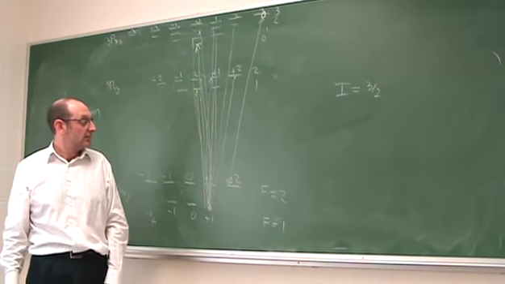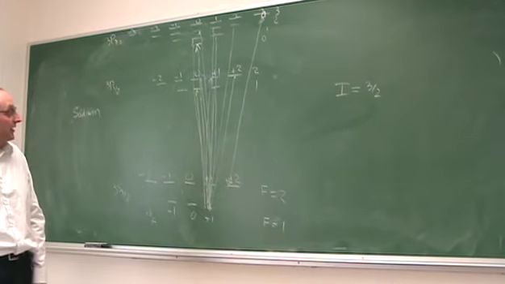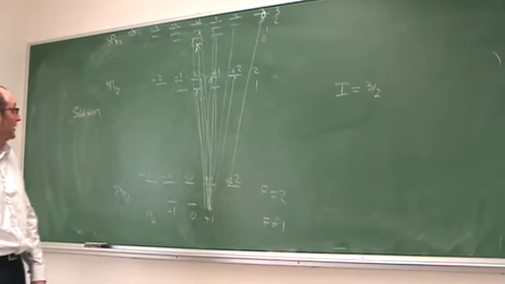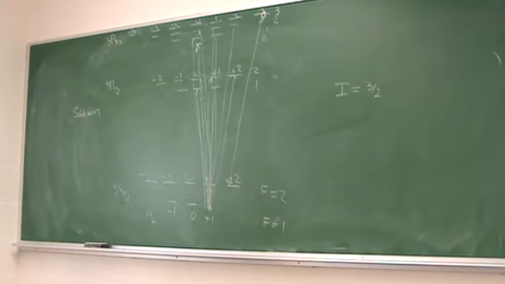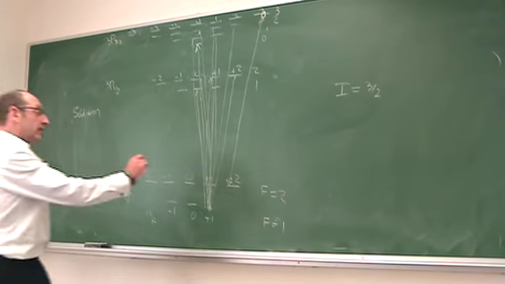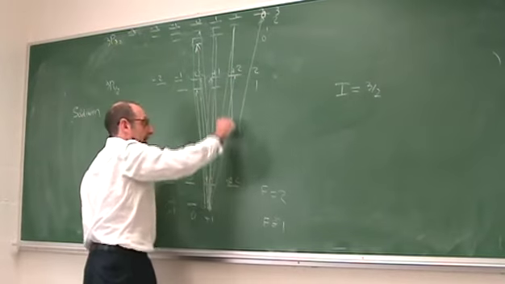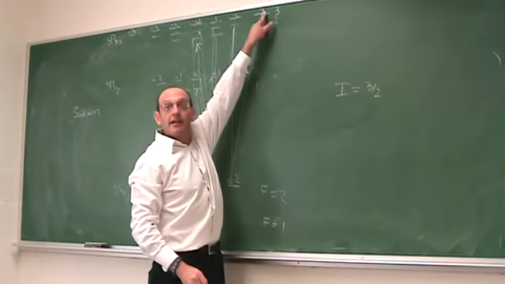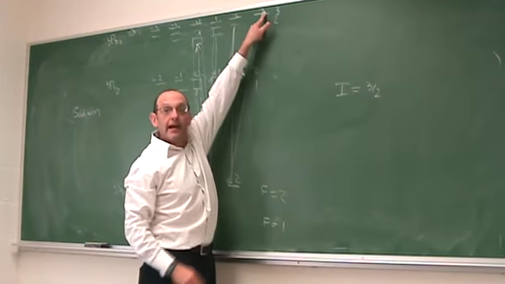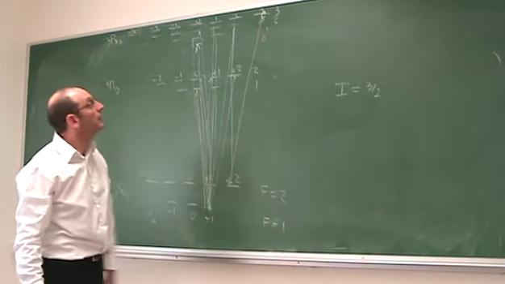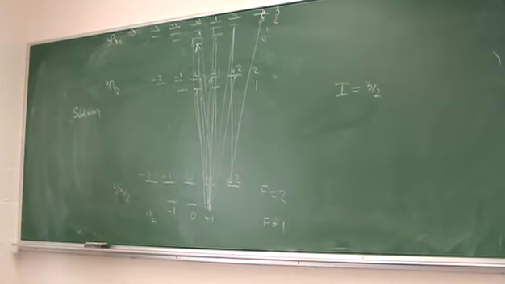And why isn't the same state at 3p1/2 possible? Sorry? At 3p1/2, you've got F equals 2 and F equals plus 2. I can certainly absorb, indeed I agree. What I meant is from this state, there's only one it connects to in the ground state. Why isn't it possible to go to F equals 2, MF equals plus 2 in 3p1/2? Oh, good question.